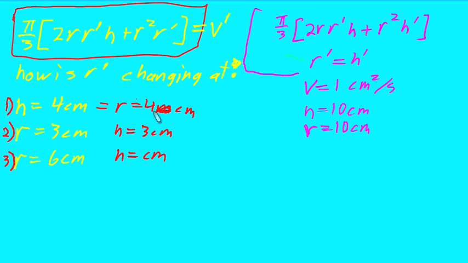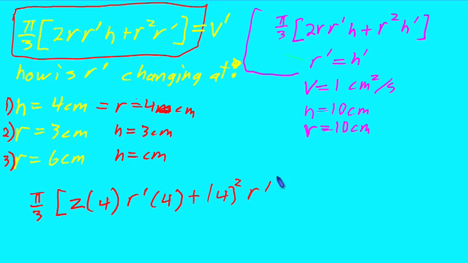So plugging everything in here, we'll do it for case number 1. Pi over 3 times 2, r is 4, r prime, and then h is 4, plus 4 squared, and then r prime, and that all equals 1 centimeter per second.